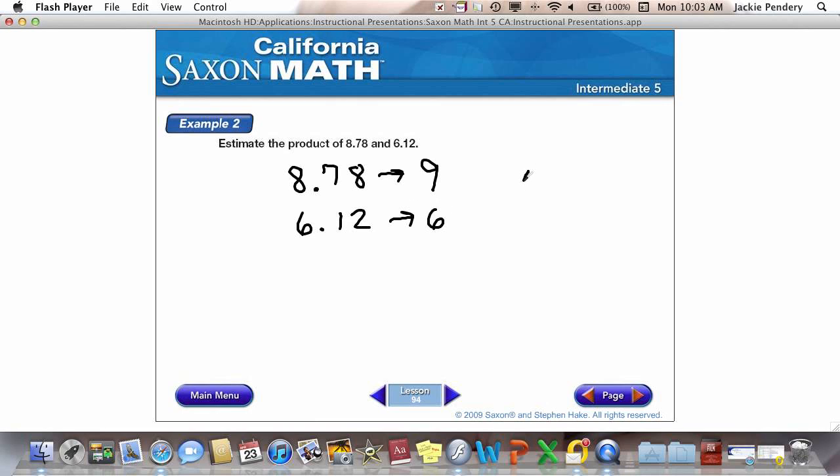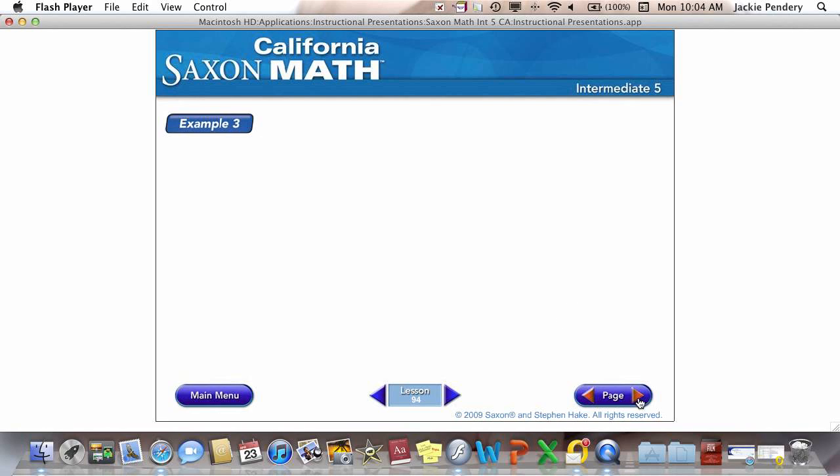And now we can find the product, which means we multiply. And 6 times 9 equals 54. So my estimated product is 54. All right? Make sure you are showing all of your work at all times.